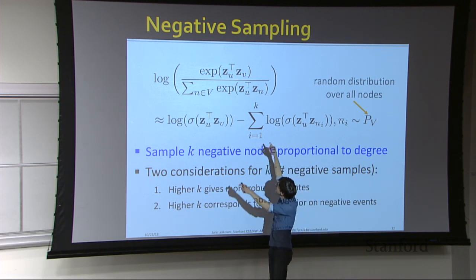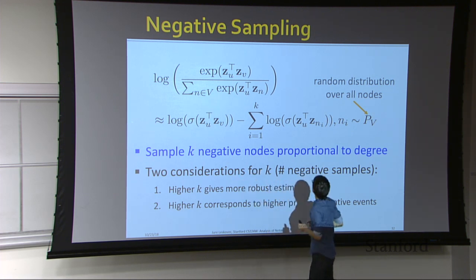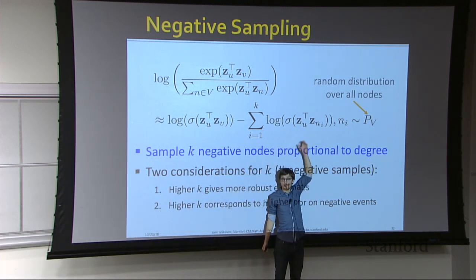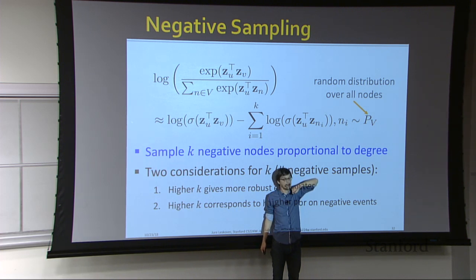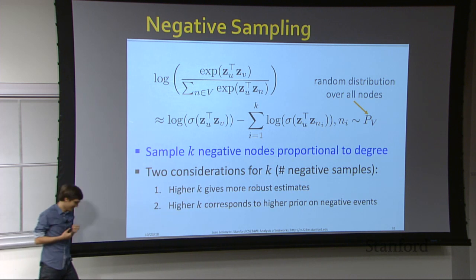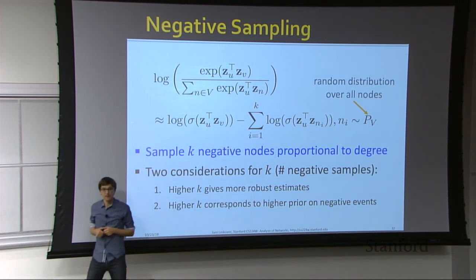Now, in general, of course, this is not equivalent because I cannot take the summation out. In this case, the reason this is fine is because all these guys will be between 0 and 1. Okay? It's an approximation that works well in practice.